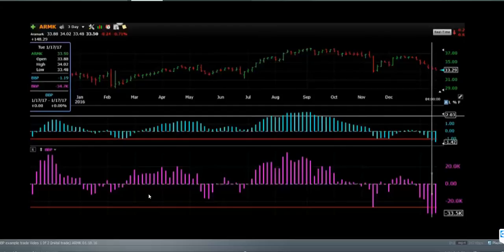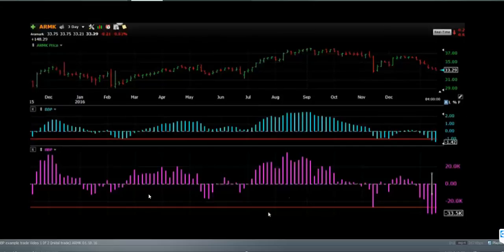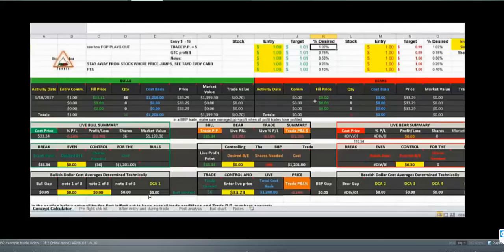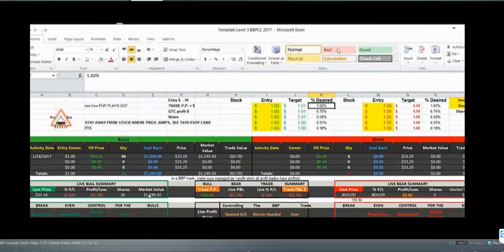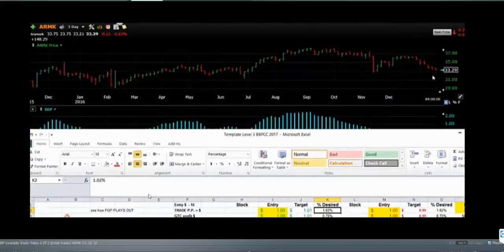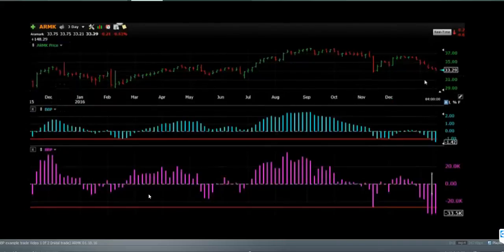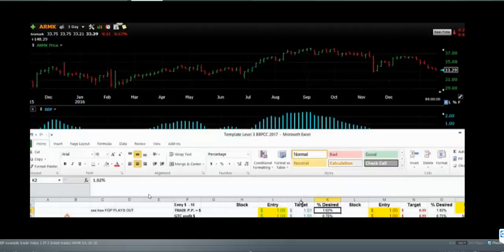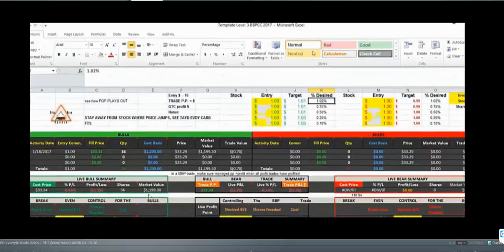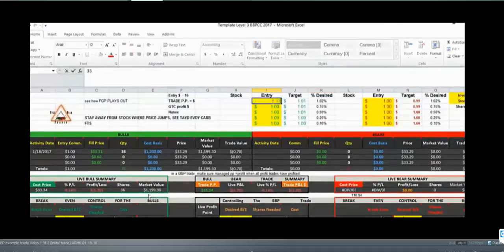That is what we're going to base our 1.5% profit on. Make darn sure you understand this clearly. 33.50 once again, we'll enter that right here. 33.50 for a 1.5% target will take us to $34.